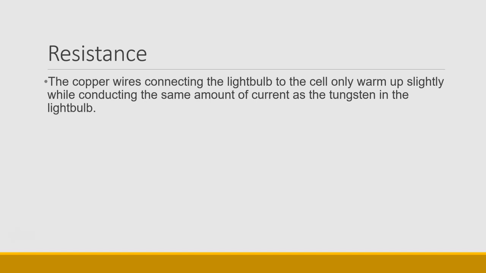We need to understand that the copper wires that connect the light bulb to the cell or to the mains in the house only warm up slightly because their resistance is low. But the tungsten that is conducting the same amount of current is going to warm up a lot because its resistance is so high.